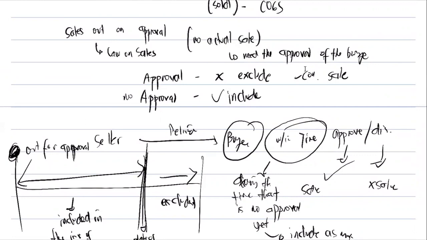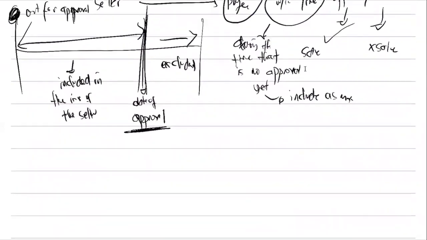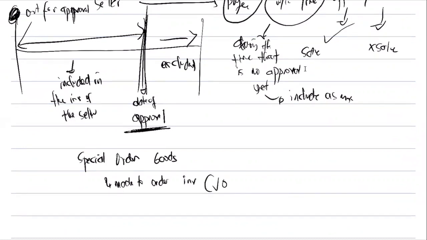Sales out on approval. So next, we have your special order goods. So what are these special order goods? These are made to order inventory. This is specific in a job order. So here in special order, there is already a sale at the time of a special order.